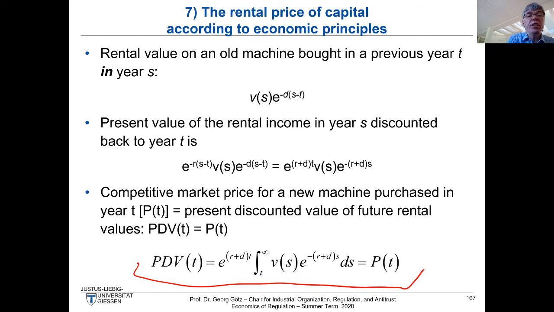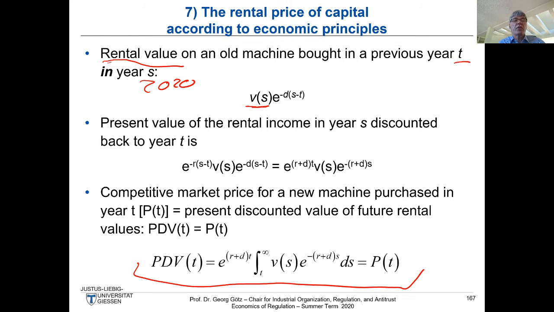And therefore we need to know what will be the rental value of a machine you bought in, say, year 2000, T would be 2000, and what is the value in S, 2020. And now you see you just have the stream of a value.